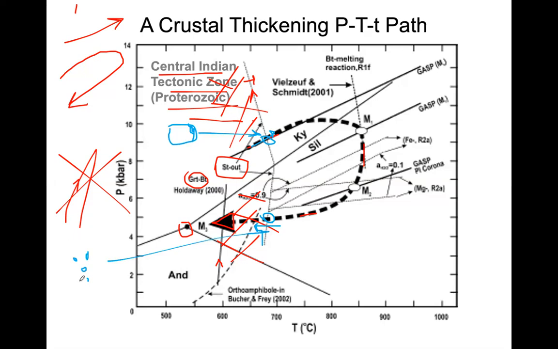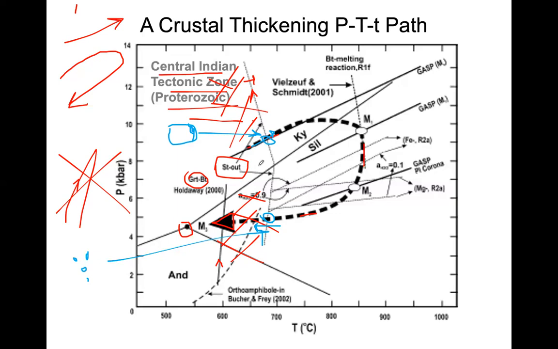So that's why mineral textures are very important to draw PT paths. Using your mineral texture, you can determine whether the rock has reached staurolite breakdown or staurolite elimination, or whatever condition may have prevailed in that region.